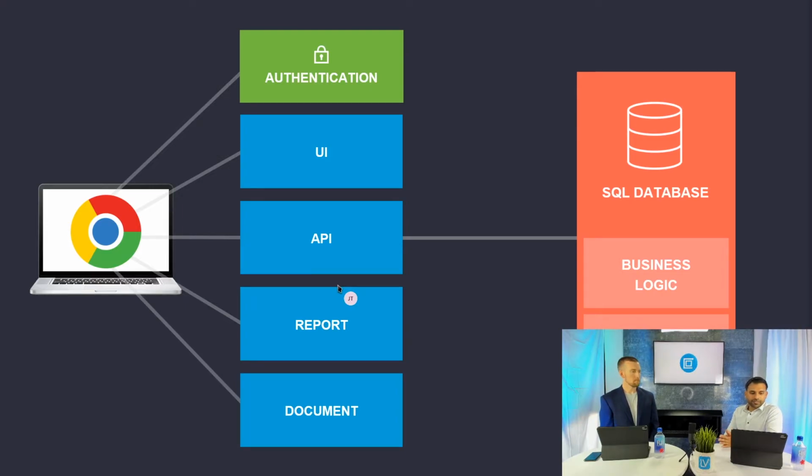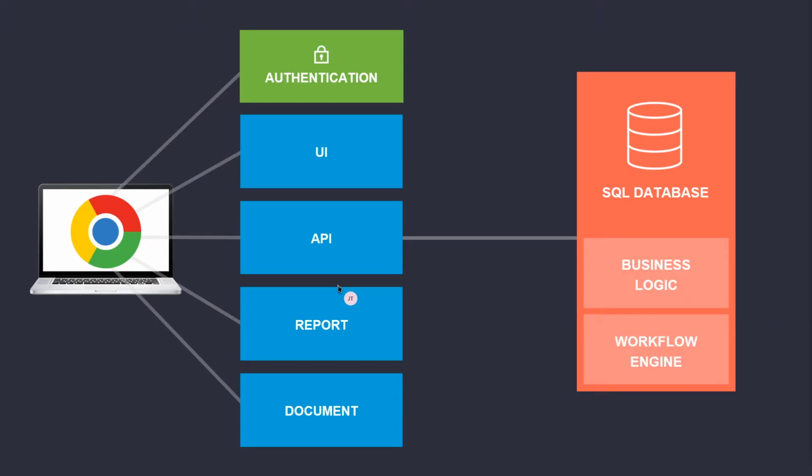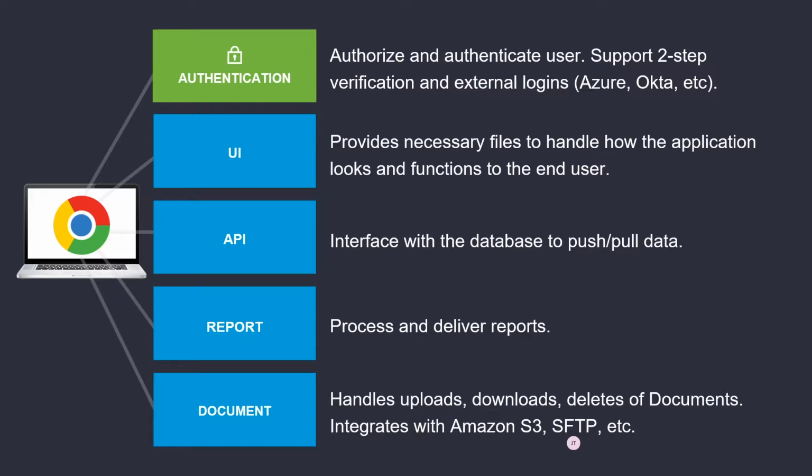I'll start with the left side here, and let me explain what each one does. So we've got the authentication piece. We added 2-step verification. We're able to connect with multiple Azure, Okta, different SSOs.